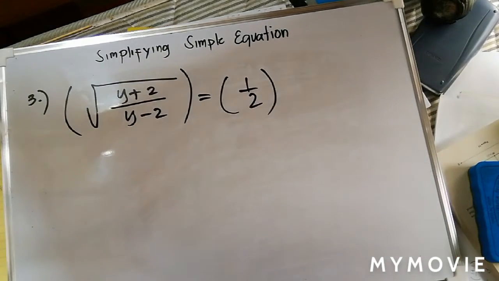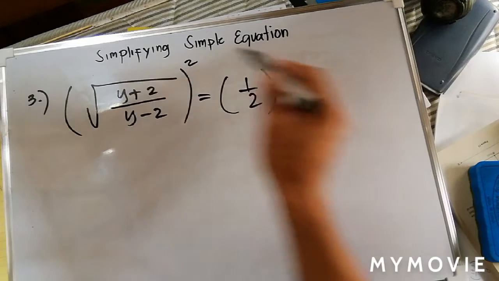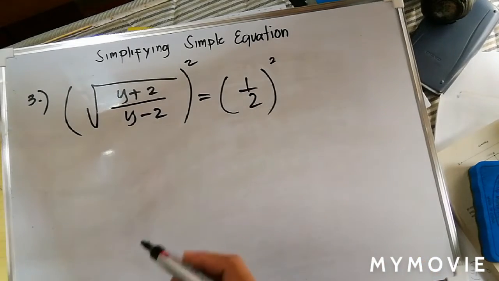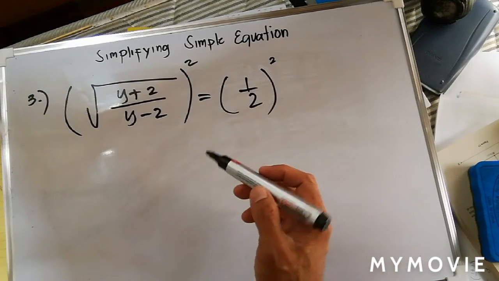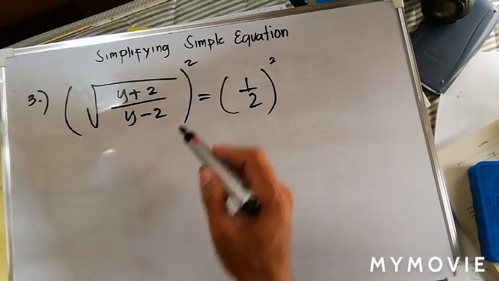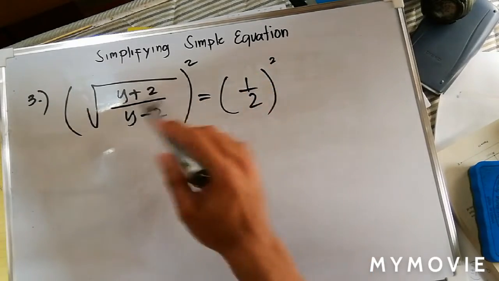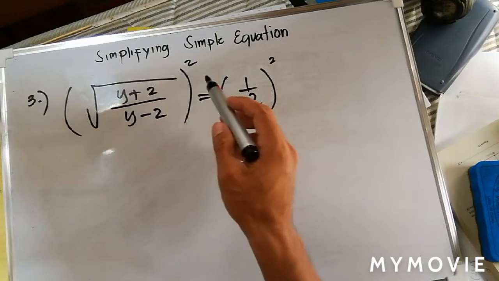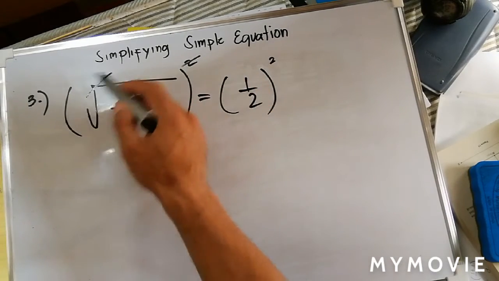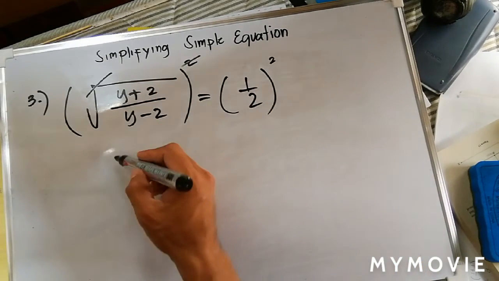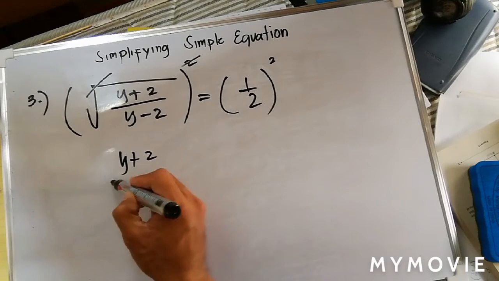The first thing we can do here is to square both sides. The left-hand side, we can square by 2 to cancel the radicals, so the remaining will be y plus 2 over y minus 2.